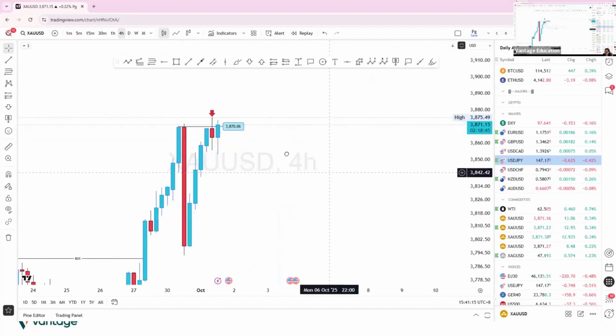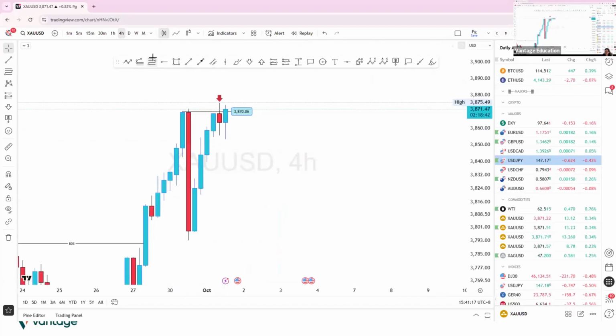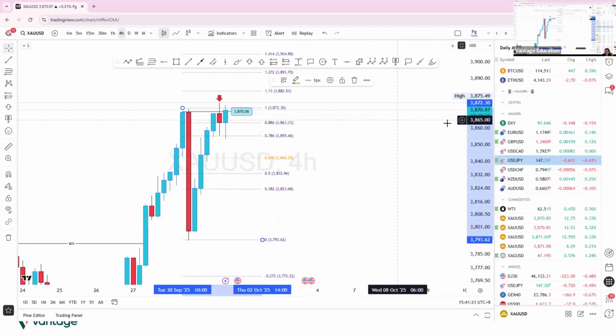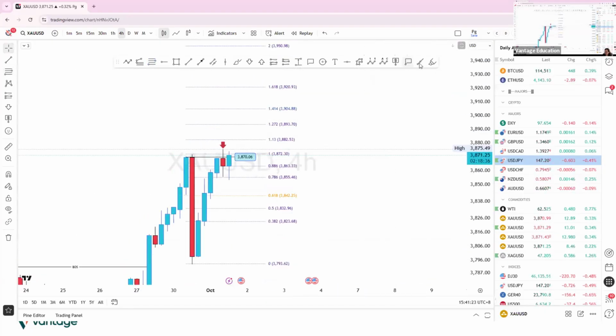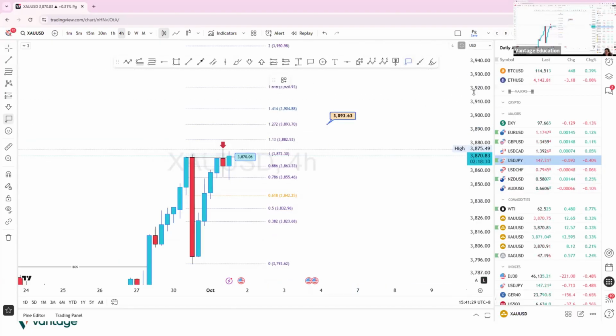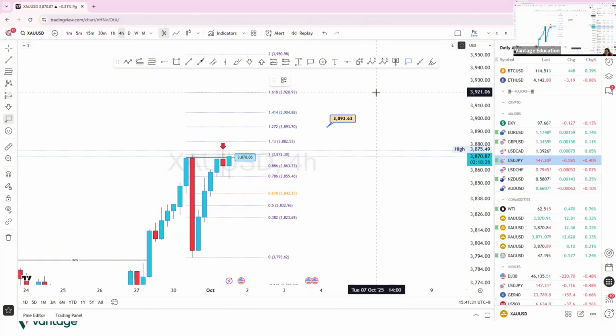because I think they're gonna target under the all-time high. Let's say if it closes back above this, the next key level that I can use, we're going to use the Fibonacci extension, would be this zone, this level.